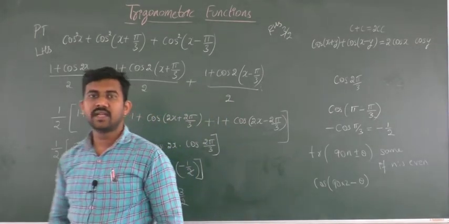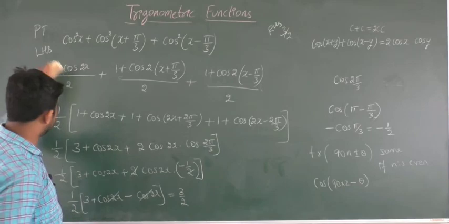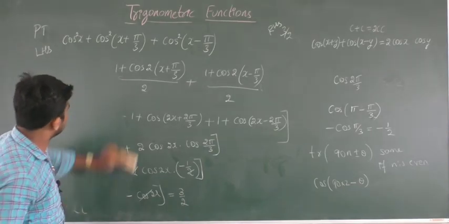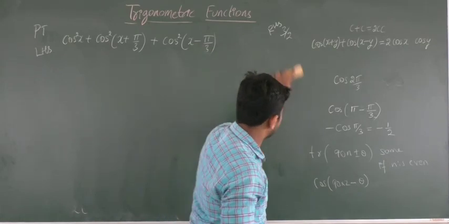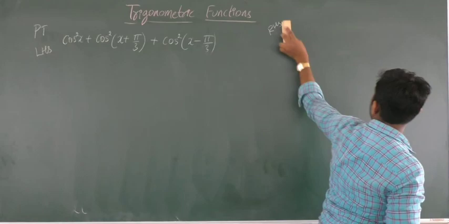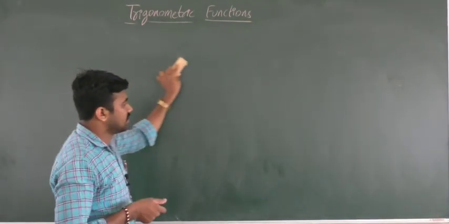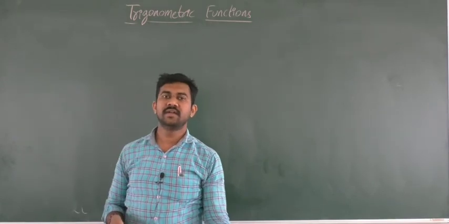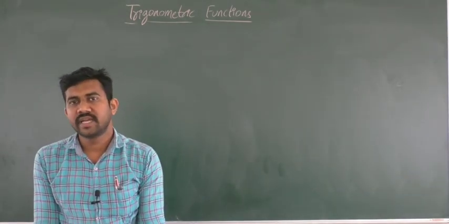We'll see the next question related to the submultiple angle. Okay. See, here they will ask to find sin x by 2, cos x by 2, tan x by 2.